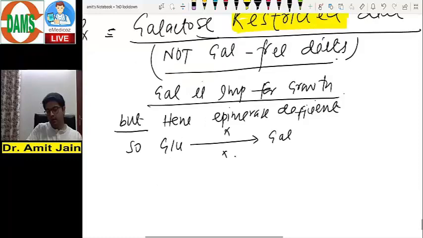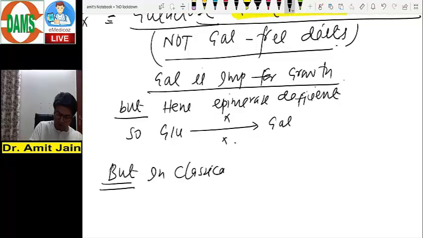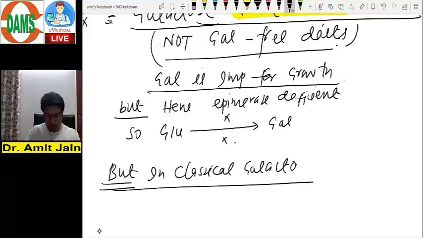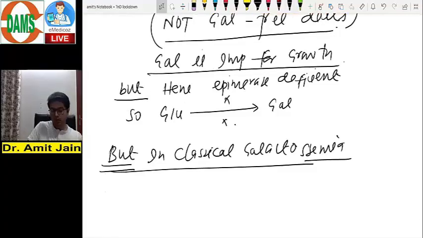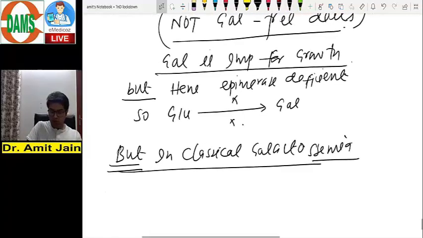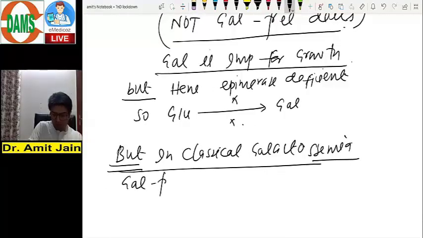Now you will say, why is there a free diet in classical galactosemia? In classical galactosemia, the galactose free diet will not affect the growth.